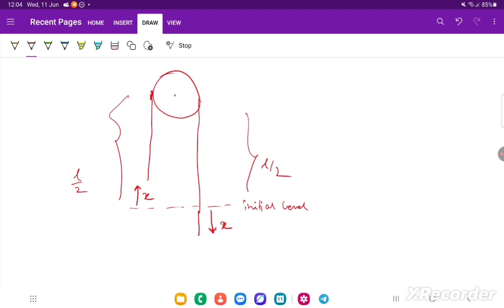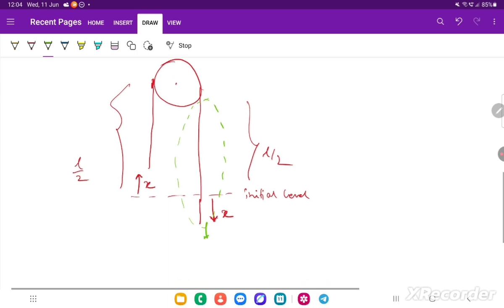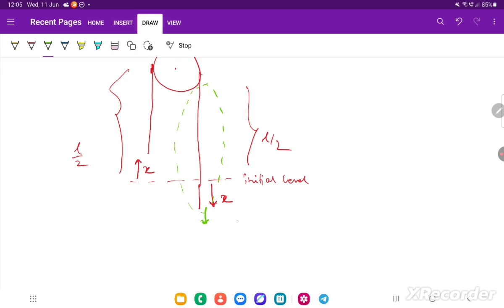So we will separately write the equation of motion for the right hand side and left hand side. For the right hand side, if this is my system, what will be the forces? There will be gravity force acting downward. The weight of this part will be λ, mass per unit length, into (L/2 + x) times g. And there will be internal tension, with value λ v².